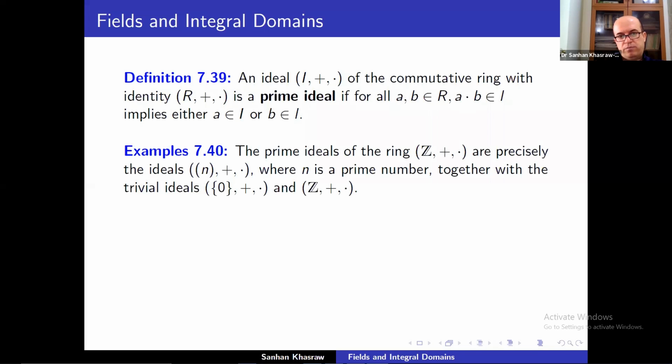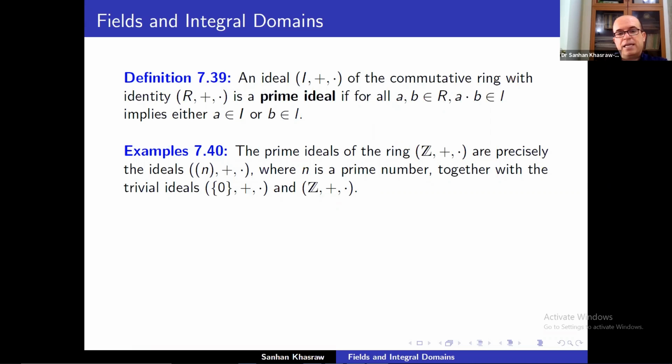Let's look at the example. So what are the prime ideals of Z? The prime ideals are those ideals generated by prime numbers, together with the zero ideal, because the zero ideal is also a prime ideal, and Z itself. So why is the zero ideal a prime ideal?